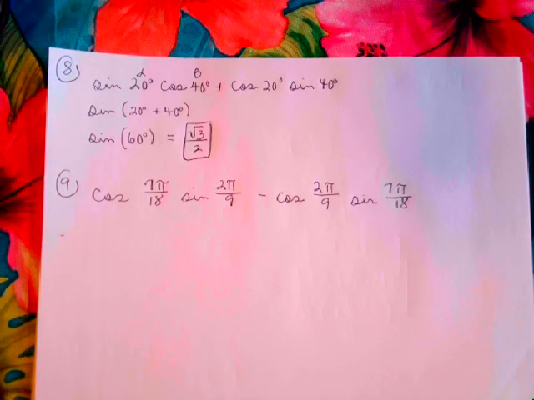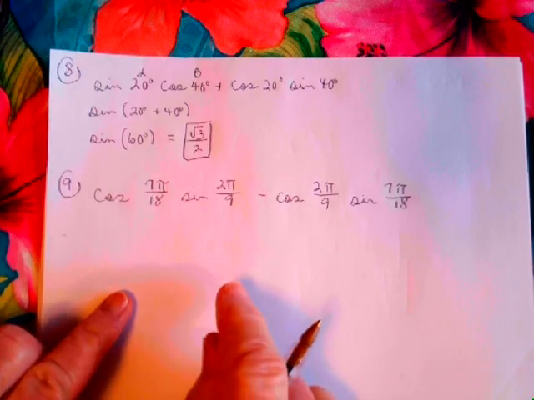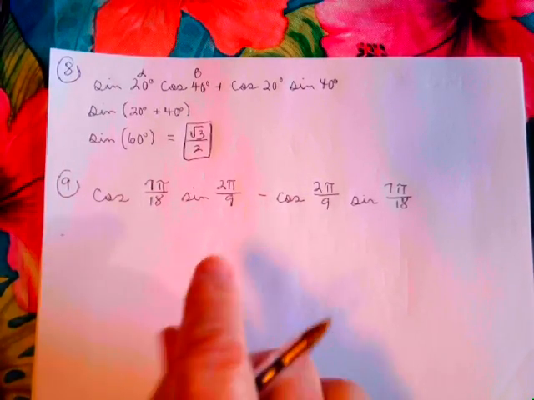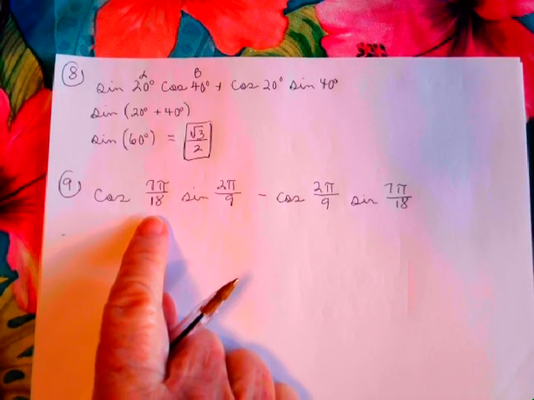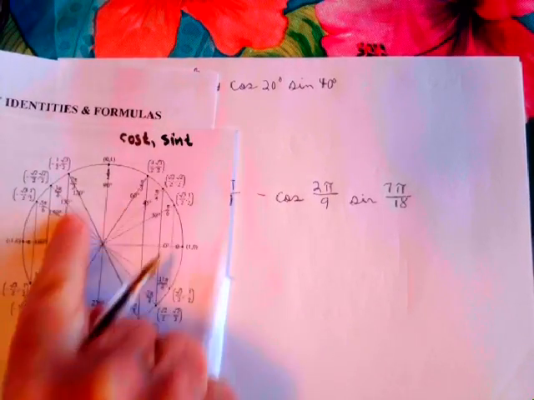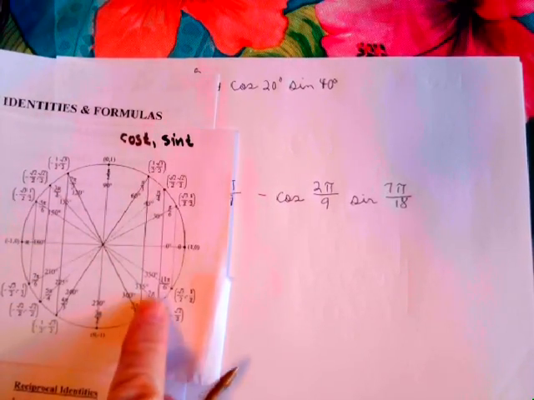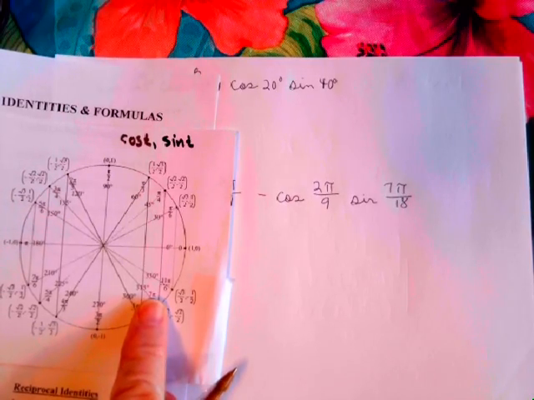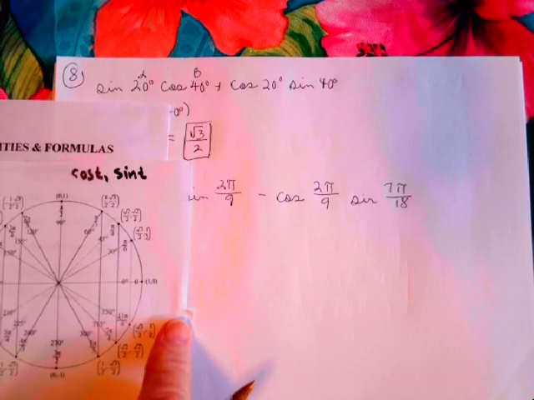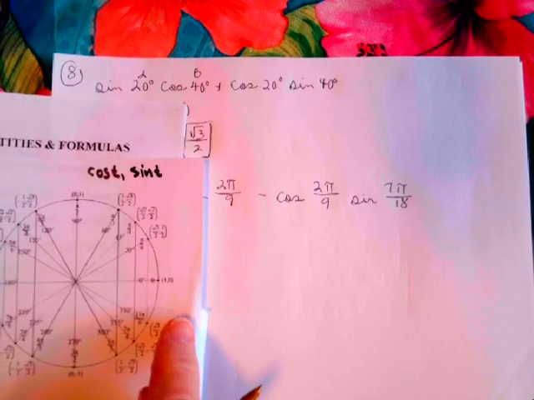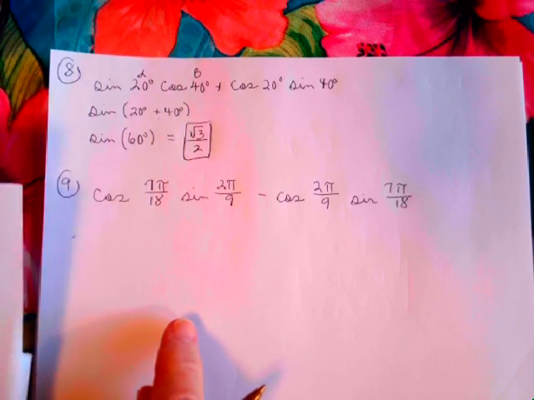Again, I'm looking to see if I can first match this up to one of these sum and difference formulas, because I don't know what the cosine of 7 pi over 18 is. 7 pi over 18 doesn't fit any of these exact value things on this unit circle. So I want to do this the easiest way possible.